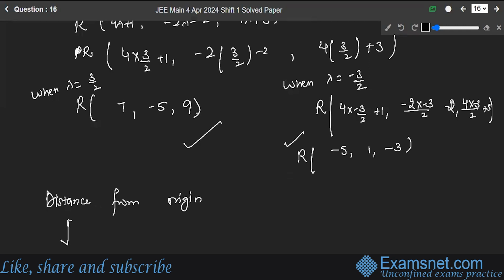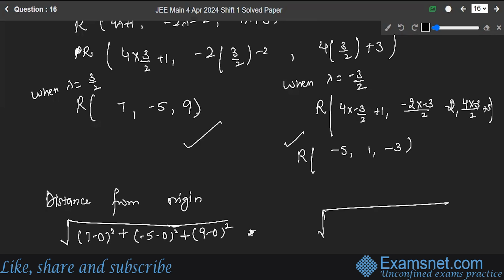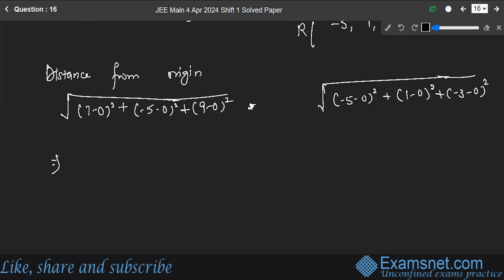It will be given by 7 minus 0, minus 5 minus 0, 9 minus this, and for this one it will be given by minus 5 minus 0, 1 minus 0, minus 3 minus 0 whole square, and this will be given by 49, 25, 81.